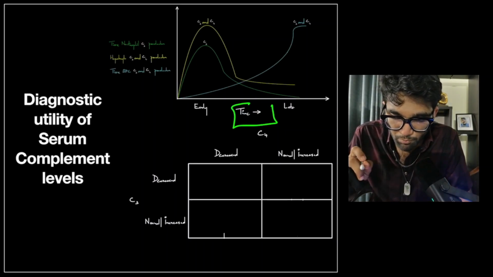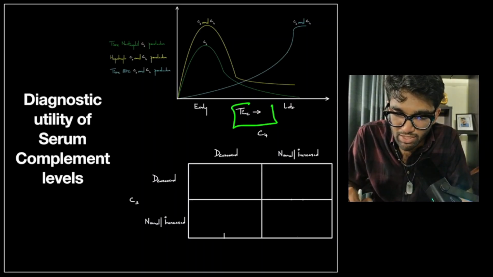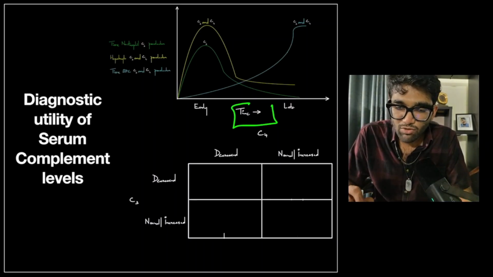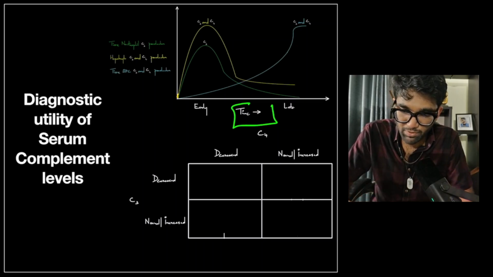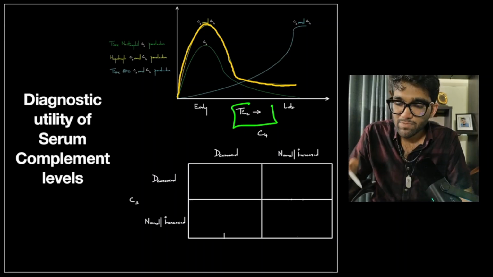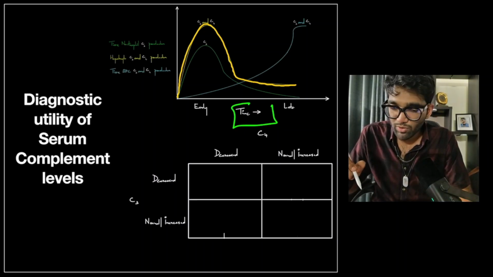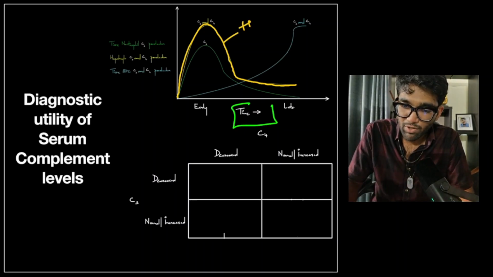Yellow represents the hepatocyte, or the liver's production, of C3 and C4. As you can see, C3 and C4 initially rise a lot, and as the disease progresses, they taper off. This is the hepatic production.